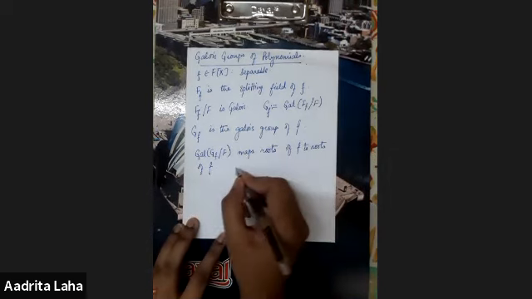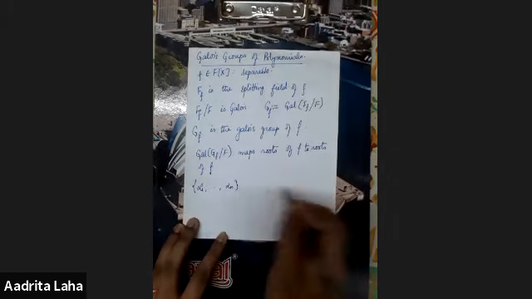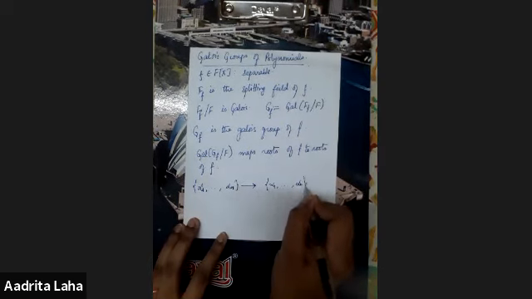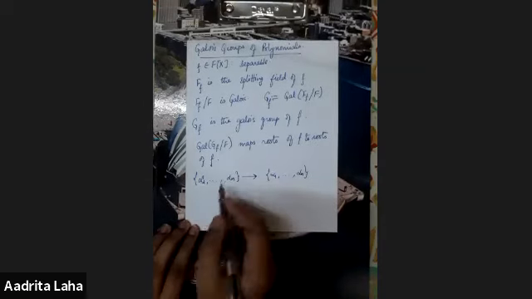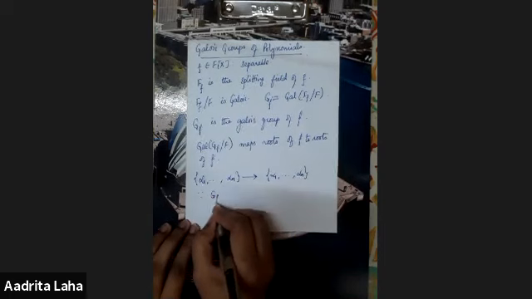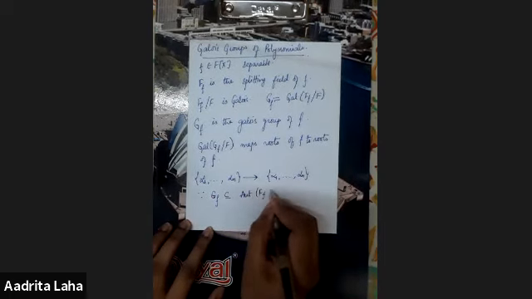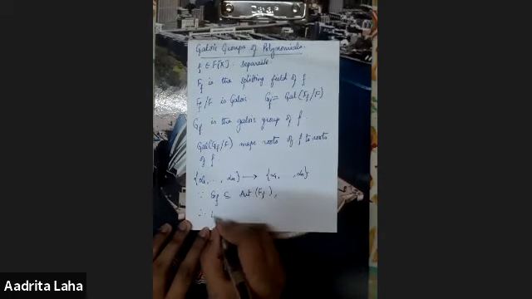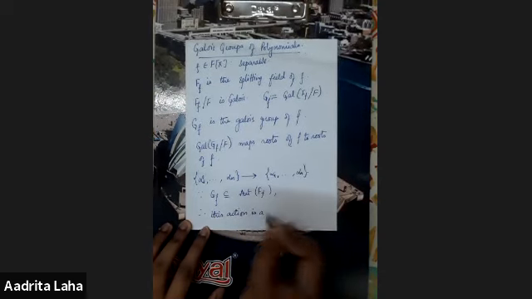So if f has roots, say alpha 1 up to alpha n, these are mapped to alpha 1 up to alpha n. So obviously it's a permutation, and therefore this action is a permutation.